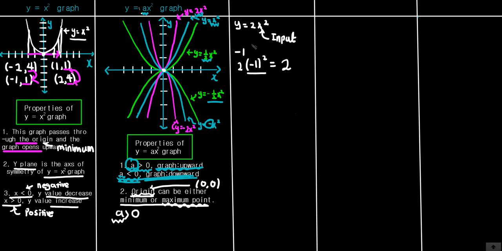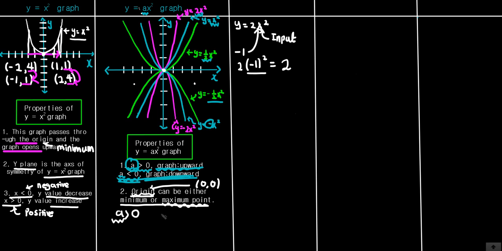So whenever we input a negative value when the a value is greater than 0, for this ax squared term there won't be a negative output, which means there won't be a negative point, so there will be no graph in the third quadrant and the fourth quadrant. So the origin in this case will be a minimum point.